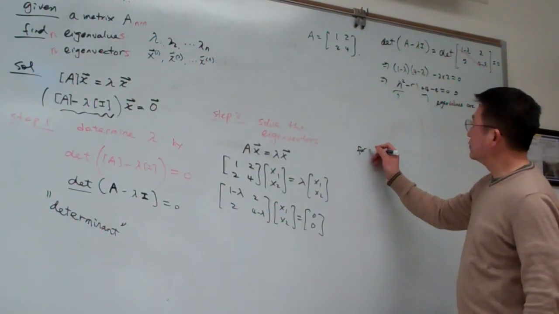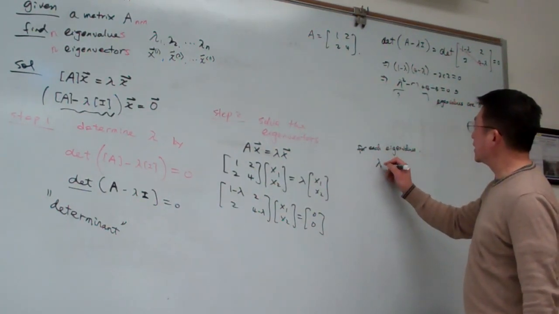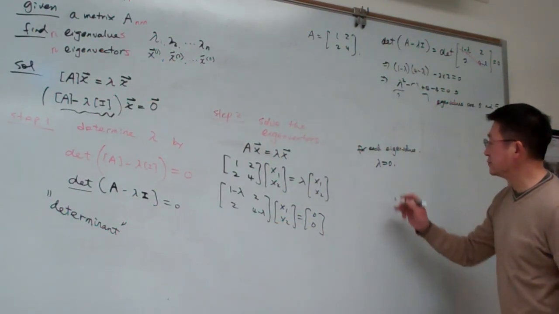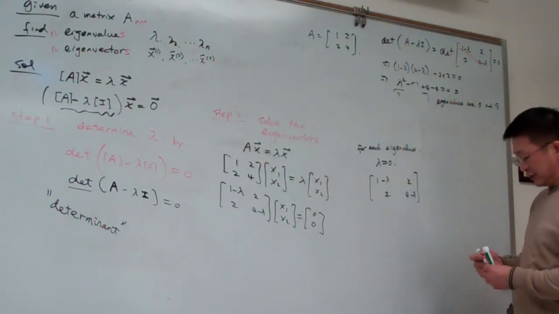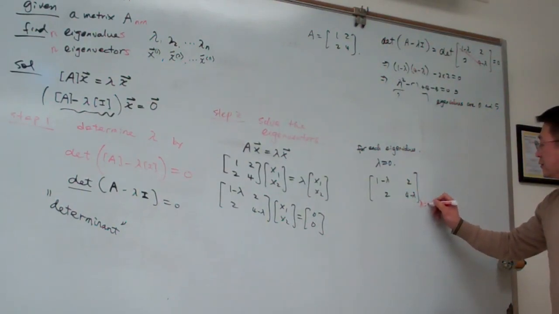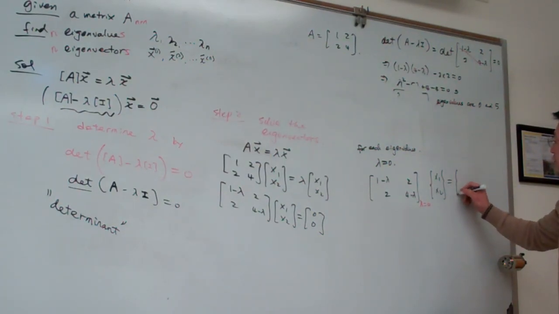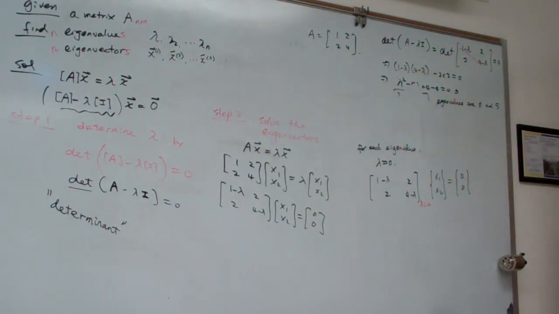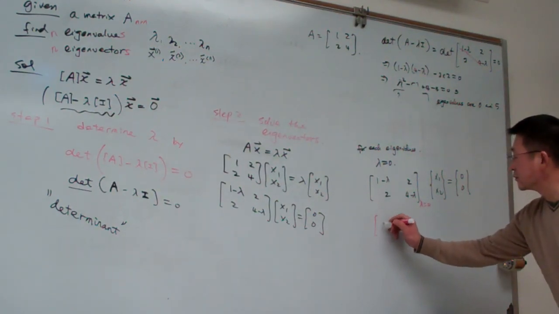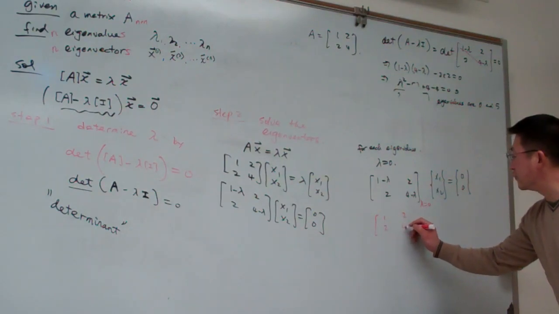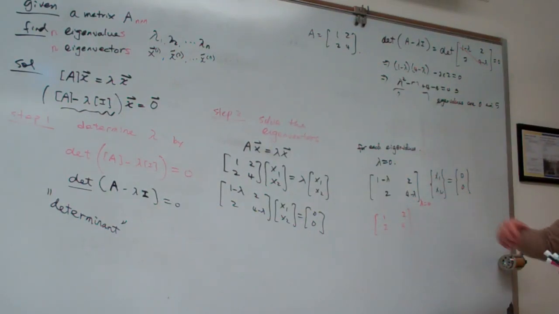So for each eigenvalue, say lambda equal to 0, we plug into here, 1 minus lambda, 2, 4 minus lambda. For this case, we plug in lambda equal to 0, and x1, x2 equal to 0, 0. And we solve for x1 and x2. We see what happens. When lambda equal to 0, this matrix becomes 1, 2, and 2, 4, right? When we introduce lambda equal to 0 to here, that matrix becomes like this one.